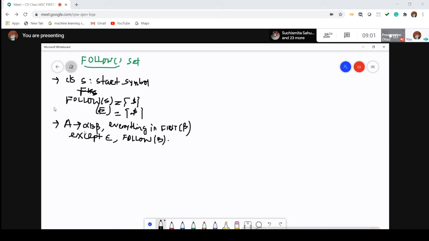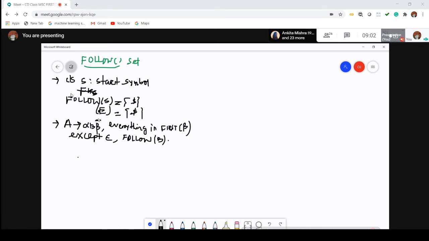What is the exact rule? If there exists a production of the form A to alpha B beta, calculate the first of beta.